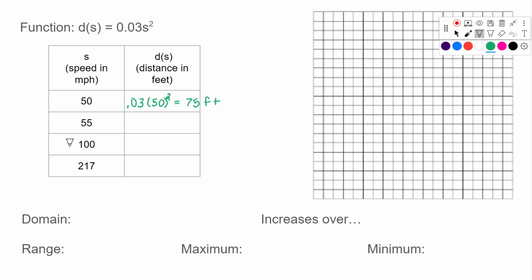I would do the same thing with the rest of these. 0.03 times 55 squared is going to give us a braking distance of 90.75 feet. So 0.03 times 100 squared is 300 feet.